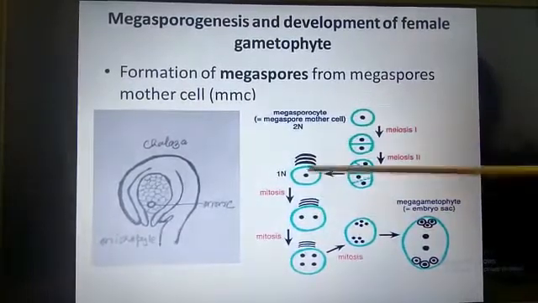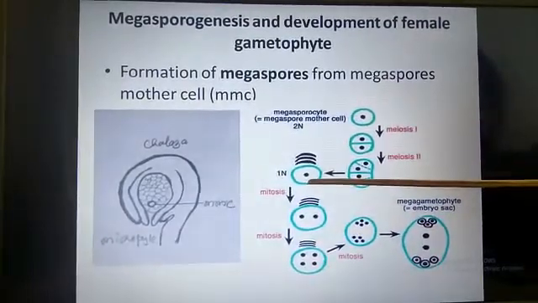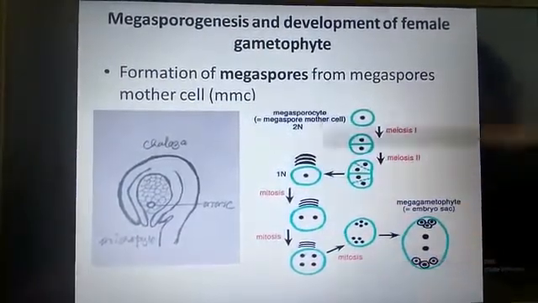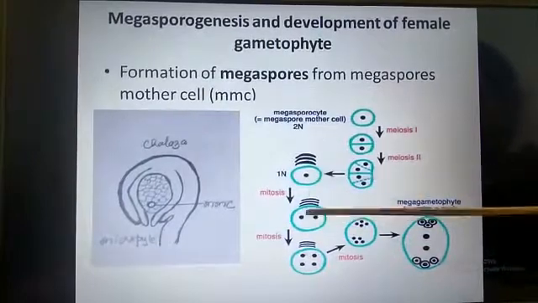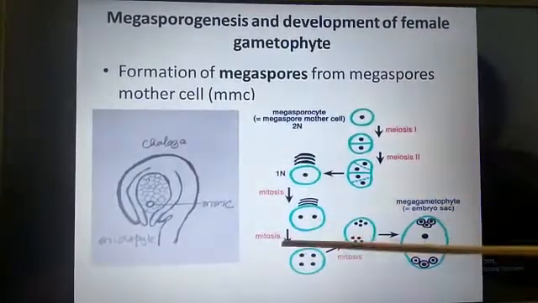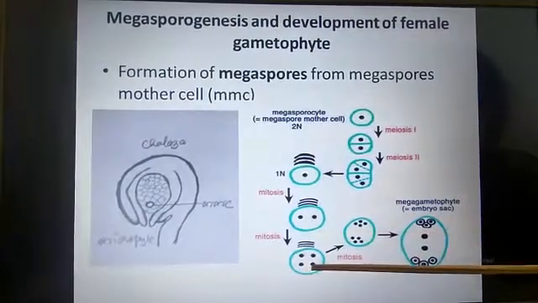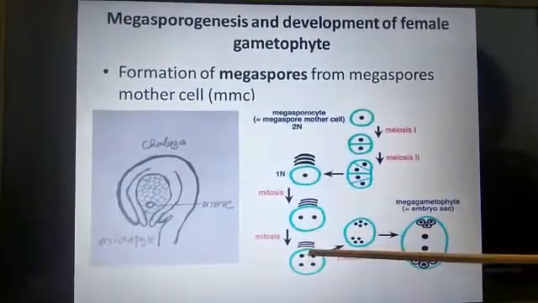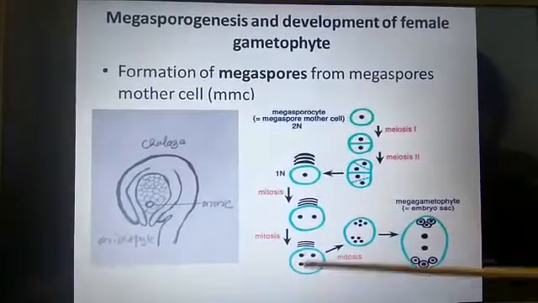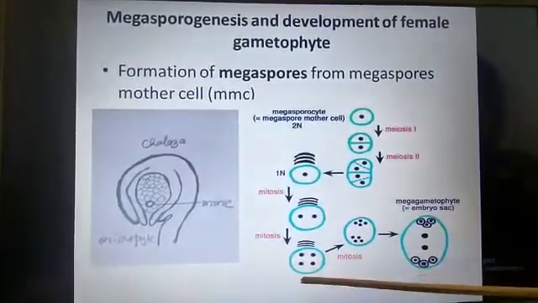Now this functional megaspore will undergo 3 mitotic divisions. In the first mitotic division, it will give rise to 2 cells. And in the second division, it will give rise to 4 cells. Now 2 cells will move towards the chalazal side and the other 2 will move towards the micropyle side.